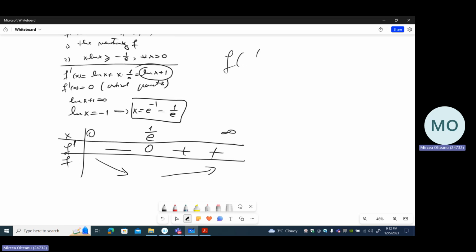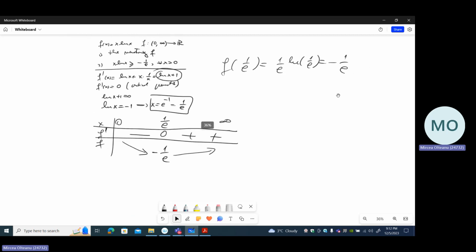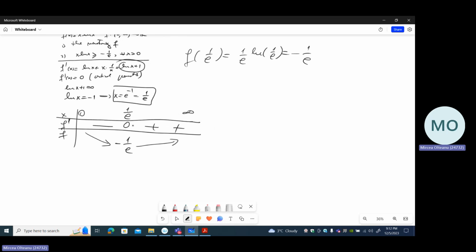Let's compute the value of f at 1 over e, which means 1 over e times logarithm of 1 over e, which is minus 1 over e. So here we have minus 1 over e. Now we have the monotony of the function. It is decreasing on 0, 1 over e and increasing on 1 over e, infinity. So we answer the first question.